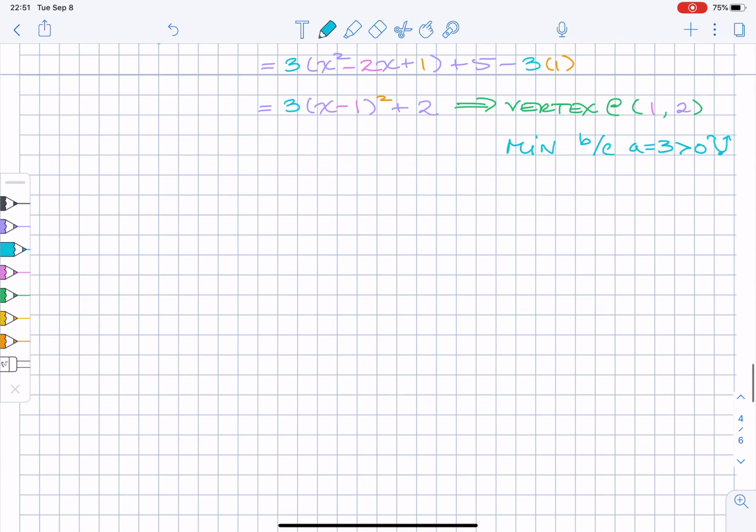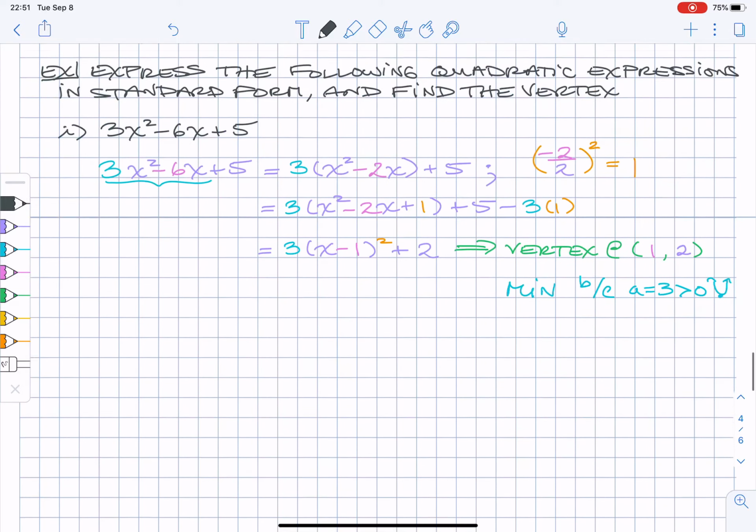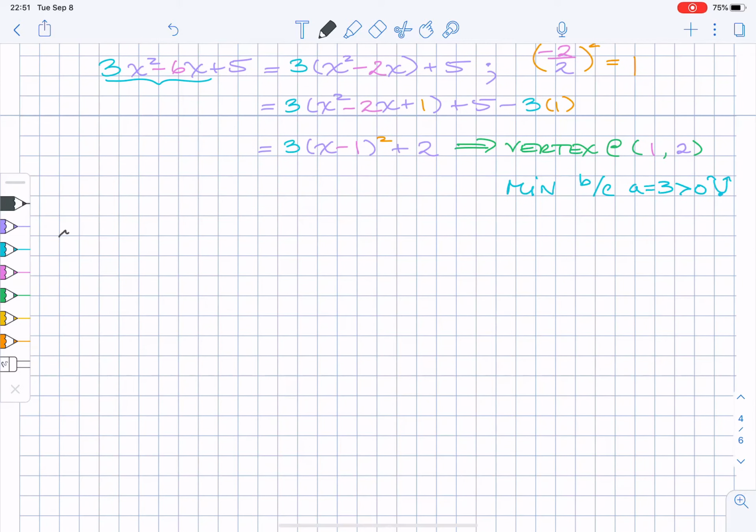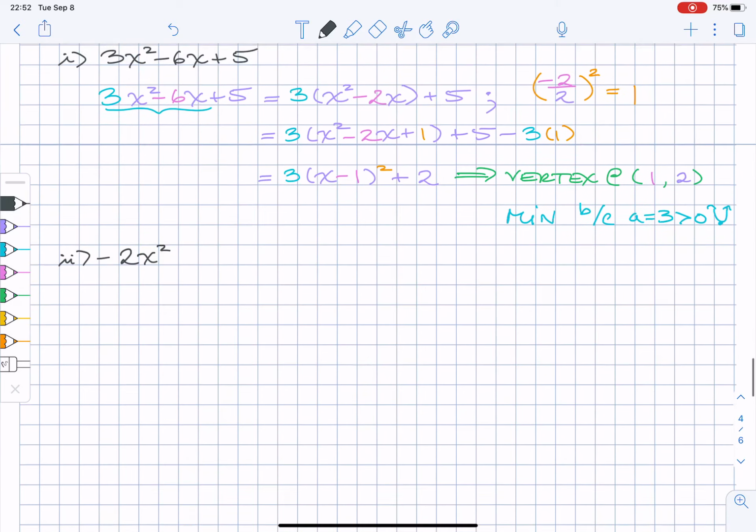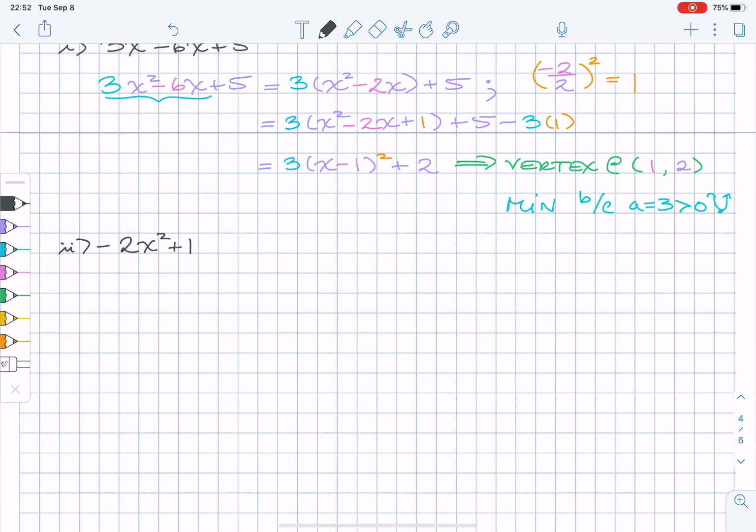Okay, let's do another one, a couple more. So number 2, let's say we have negative 2x squared plus 12x minus 3. So this is going to be negative 2x squared plus 12x minus 3.